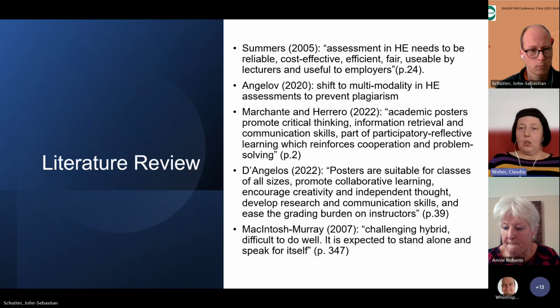Because not only does the researcher have to present their information in a clear, coherent and scientifically sound way on the poster in a written format, they also then in the session need to be able to communicate this to their colleagues and the visitors and participants of these sessions. So we have written as well as spoken communication here.